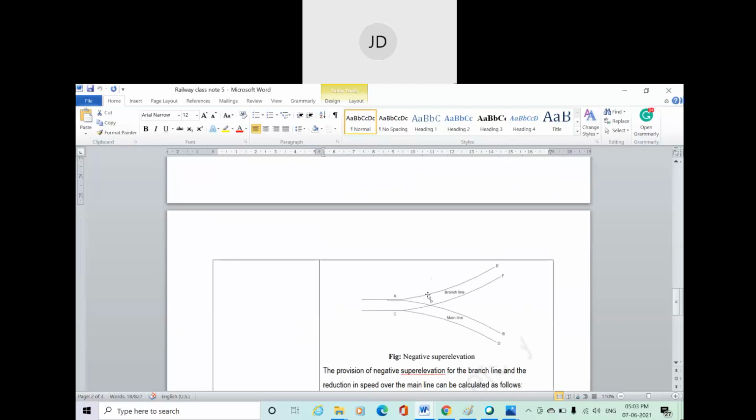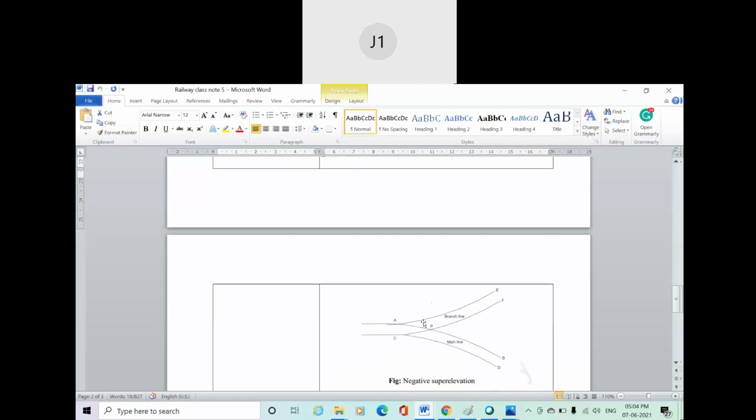See, although this represents the inner line of the branch line, it is actually part of the outer. Who is that? Josnalin.